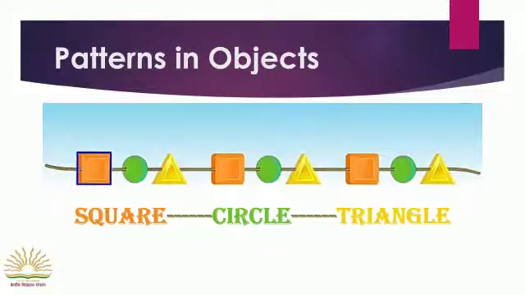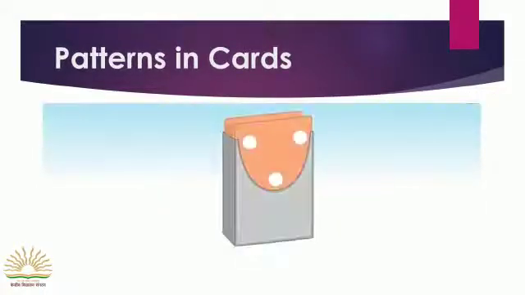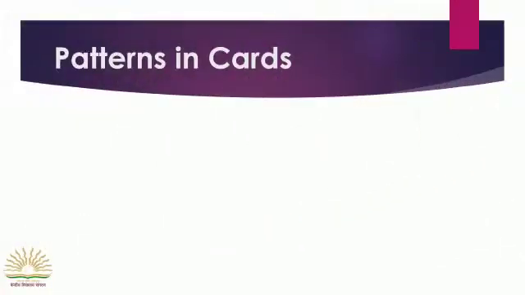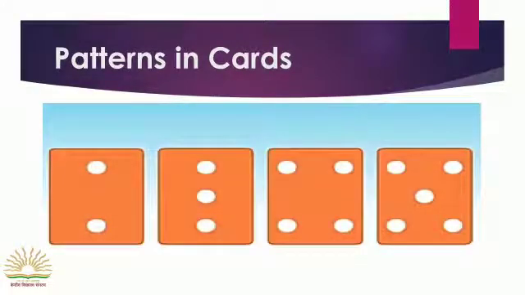Now, let us try to make a few more patterns. Look at this bag of flashcards. Each card has a pattern of dots. Look, we have arranged a few cards according to the increasing order of the dots, starting with the card with 2 dots, 3 dots, 4 dots and 5 dots.